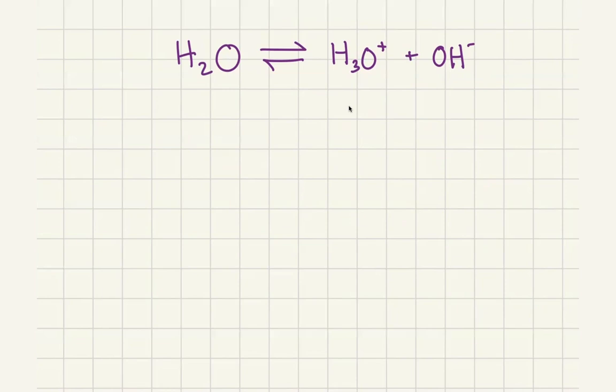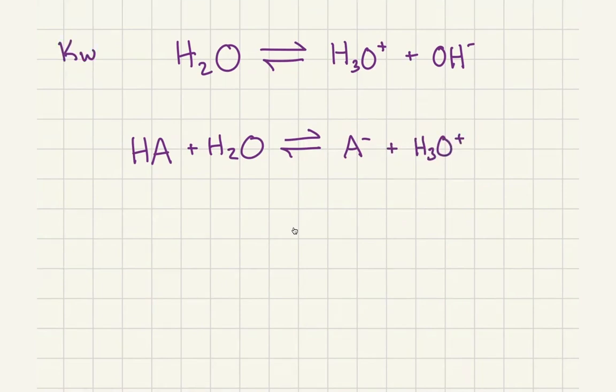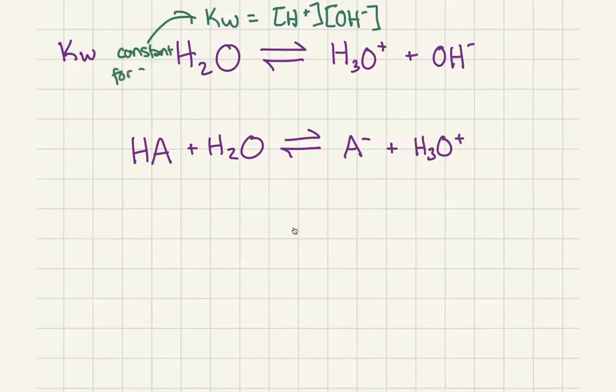For example, if we take our weak acid and say it reacts with water, this gives us our conjugate base plus our H3O plus. Remember that we have this relationship in water where it's trying to reach its own equilibrium, where Kw is equal to our proton concentration times our hydroxide concentration. And this Kw is basically a constant for a given temperature.